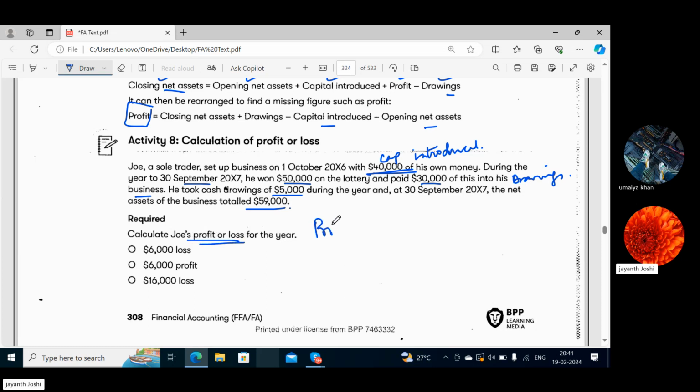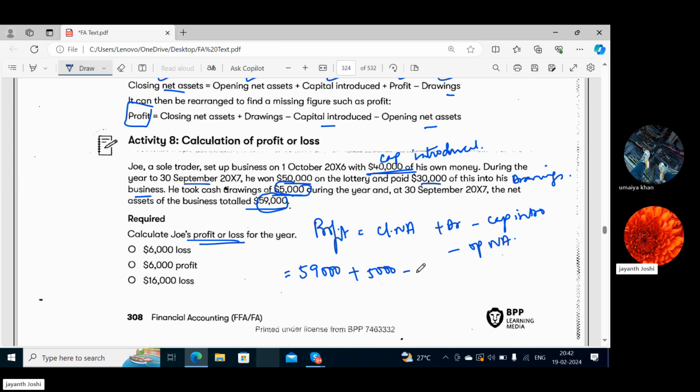Again, we'll put it in the formula. Just above, the formula is given: profit is equal to closing net assets plus drawings minus capital introduced minus opening net assets. Closing net assets is how much? 59,000. Plus drawings is how much? 5,000.